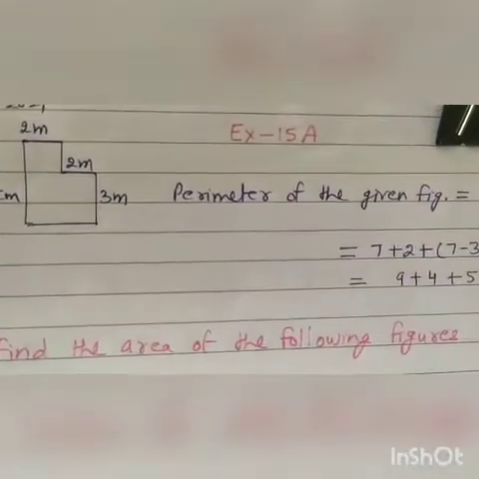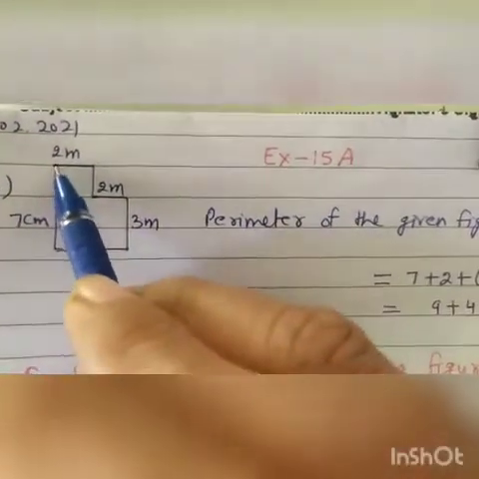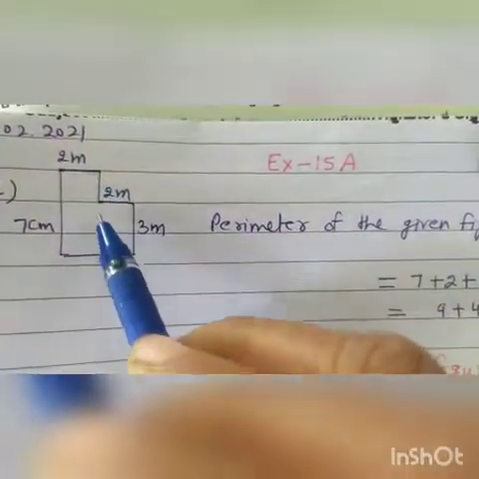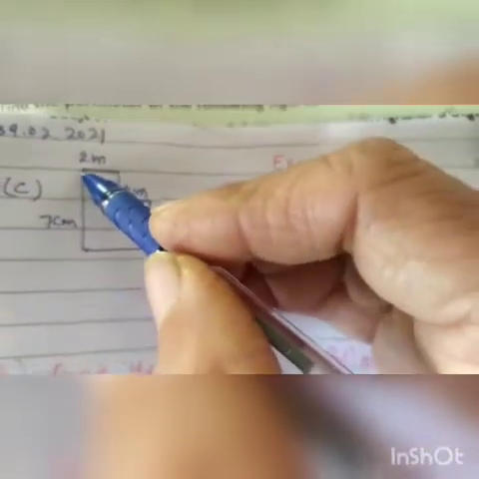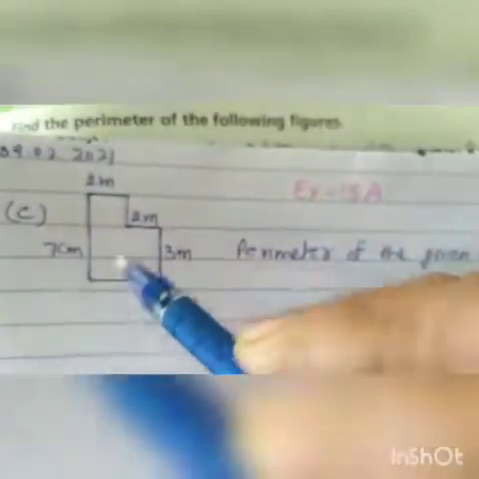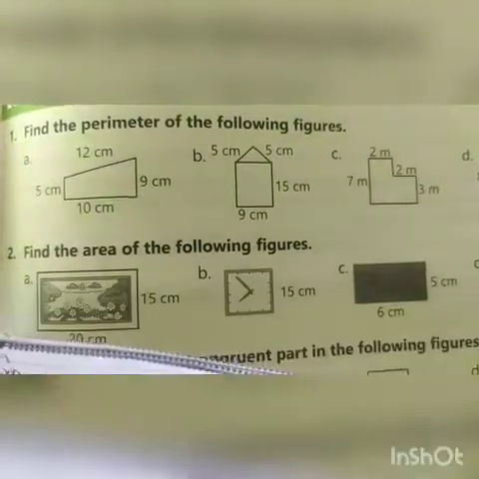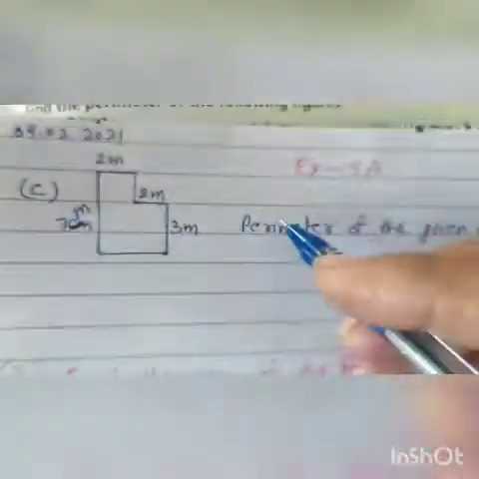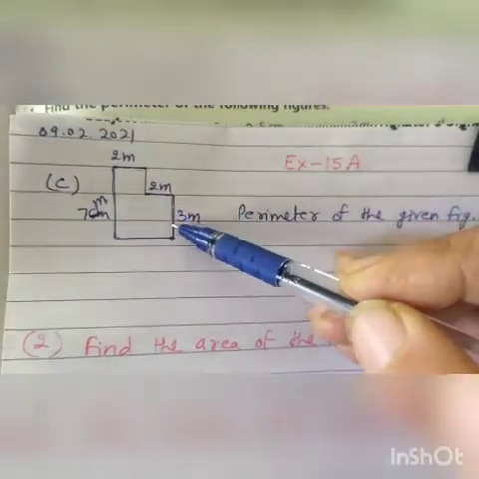Now it's C part. This one is the figure for C part. This one is 2 meter, this one is 2 meter, and this one is 3 meter. So students, see, this side is 7 meter. This one is 7 meter, not centimeter. Students, this side is 7 meter and this one is 3 meter.